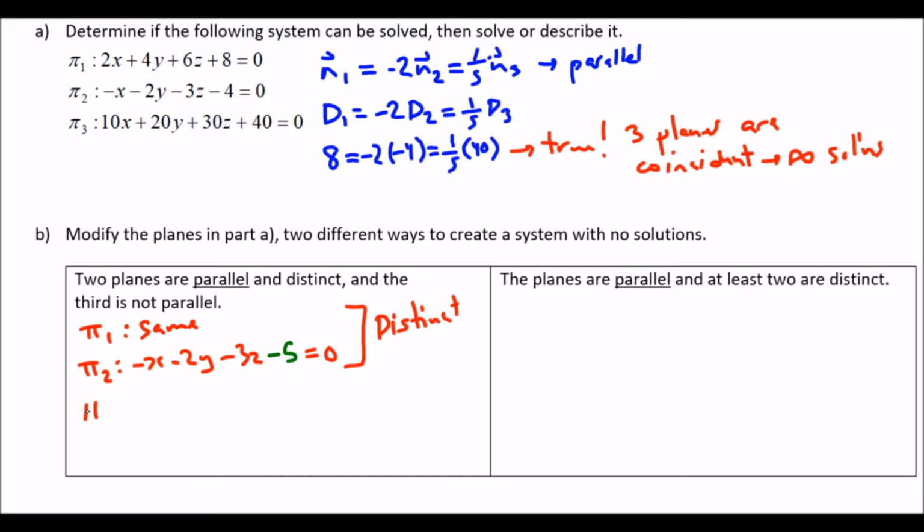And then plane 3, well, the third one is not parallel, so what I can do is change one of the values here. Let's see. I will change it to 10x plus 20y plus 31z, and then plus 40 equals 0.